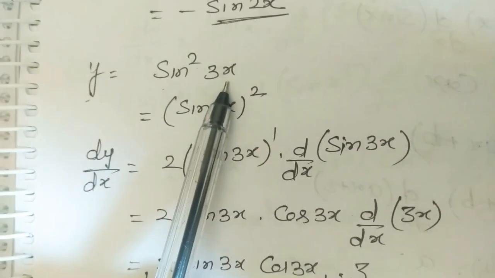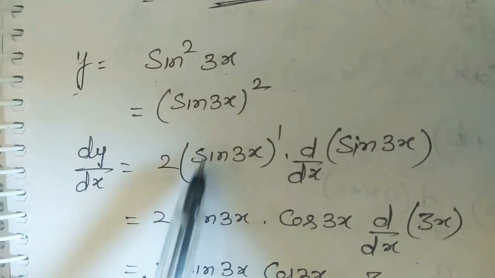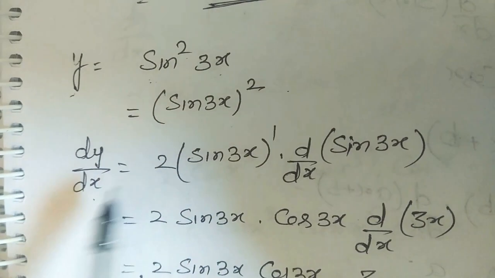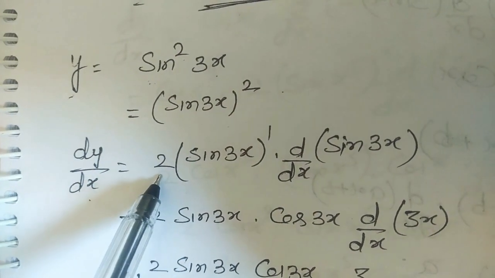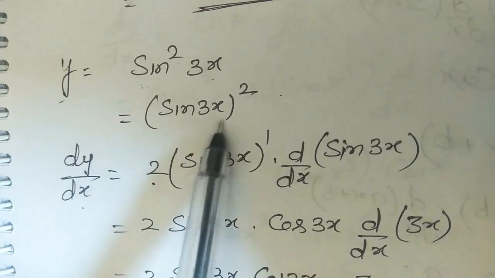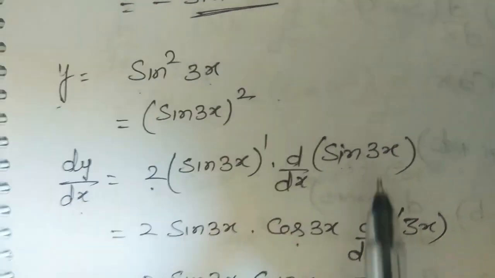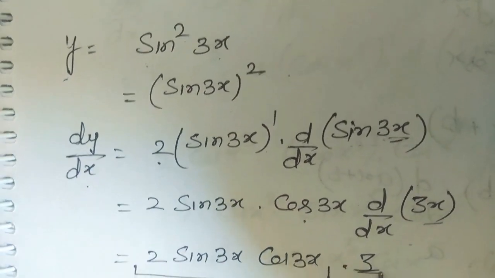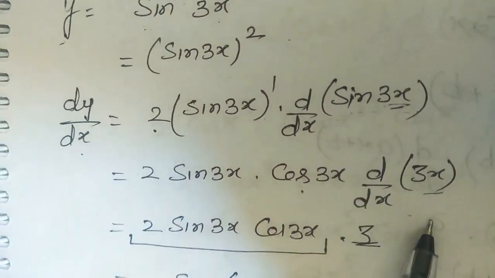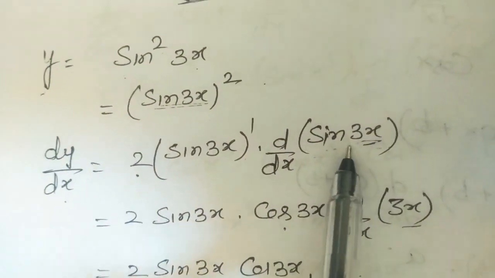Okay, now one more question related to this: sin square 3x. Firstly, we take the whole power, which is 2. We take the power in front: 2 into sin 3x power 2 minus 1 into the derivative of sin 3x. It will be cos 3x into the derivative of 3x, which is 3. We apply the chain rule here in the same way: the power comes in front and reduces by one, into the derivative of the function.